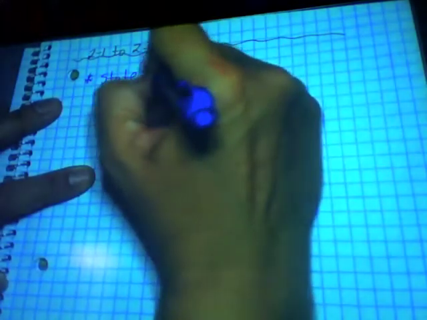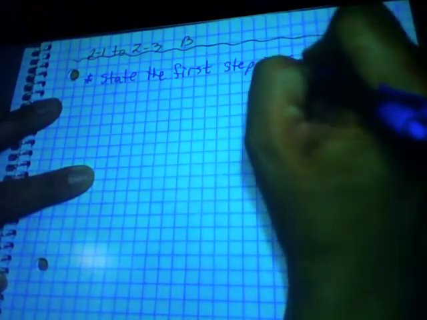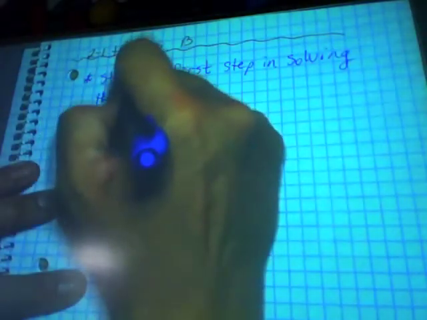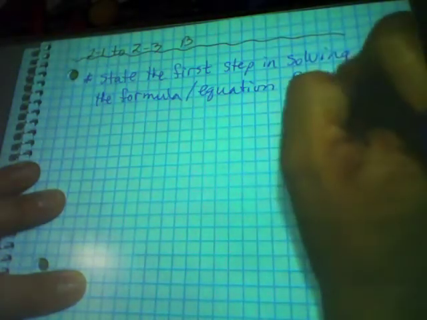So there's three different parts to your homework. So part 1, the directions are going to be something like this. State the first step in solving the formula, or it could be an equation, for the given variable.